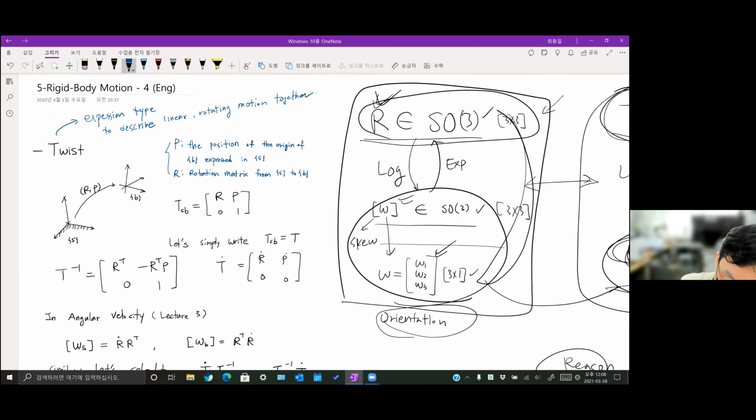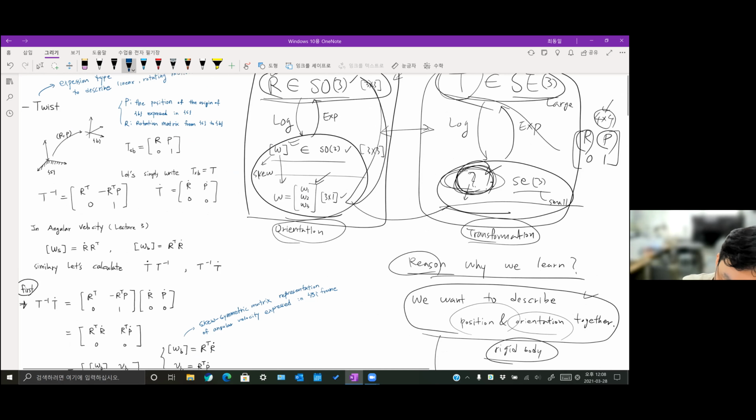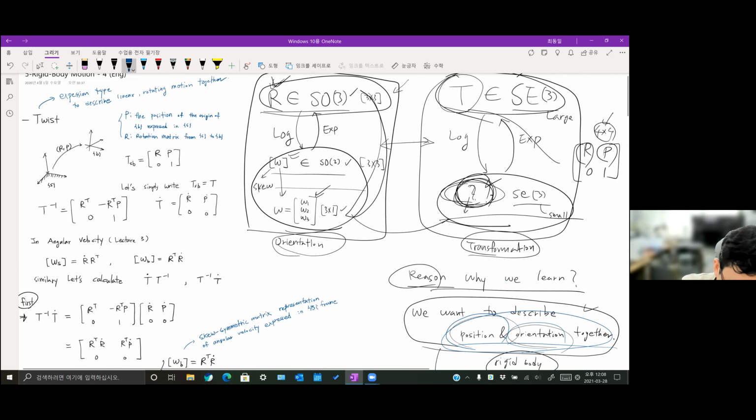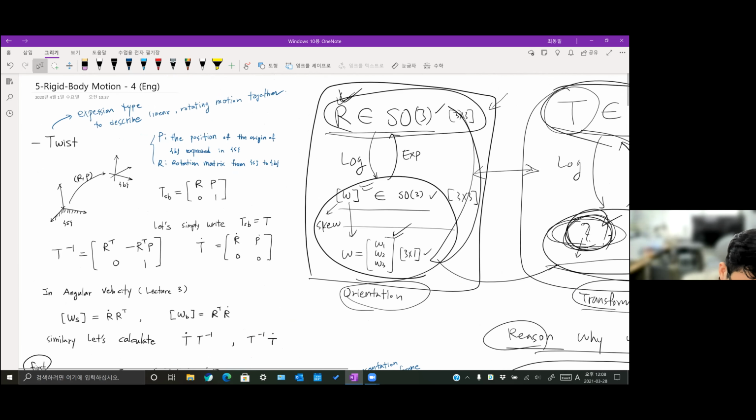So here we want to describe position and orientation together. To enable this concept, we have to have some kind of physical type to describe linear motion and rotating motion together. That is twist. Twist means when we twist something.